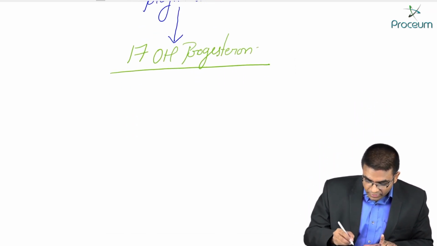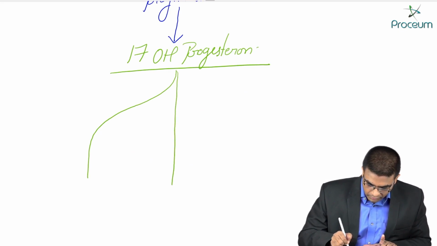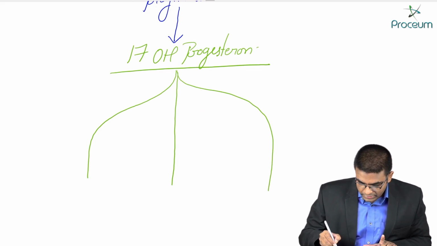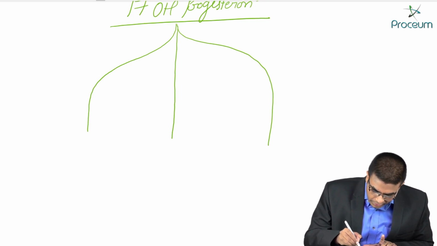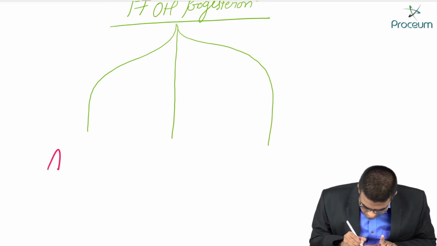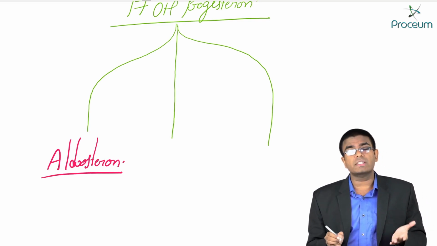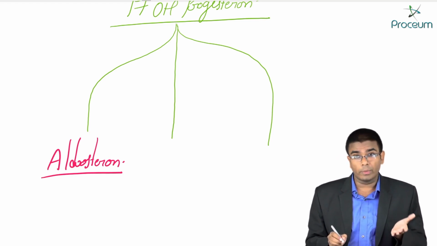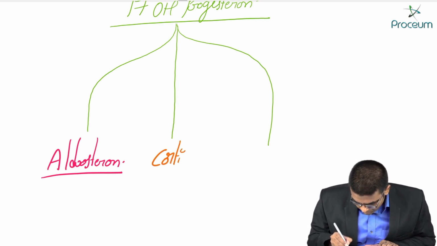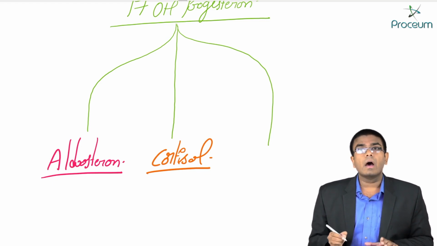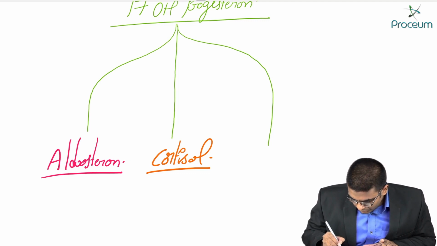Guys, please remember, this 17-hydroxyprogesterone can be converted into three different hormones. What are they? Either it can be converted into aldosterone, which we know comes from the adrenal cortex, zona glomerulosa, or it can be converted into cortisol, or it can be converted into androgens.